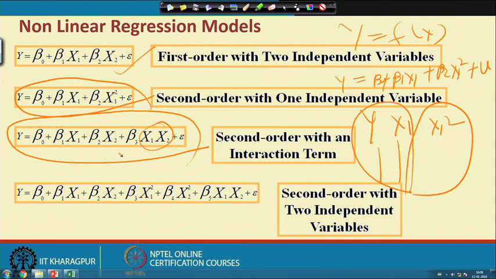For instance, while predicting sales with respect to price and advertising, the link between price and advertising should be connected with the particular sales. So, how much advertising expenditure and how much particular price will be required.